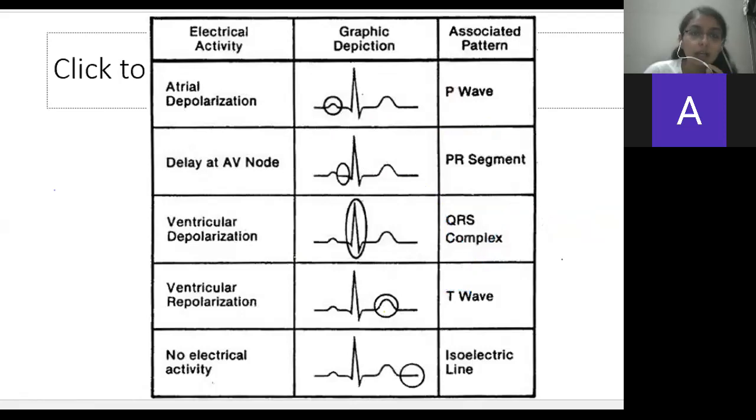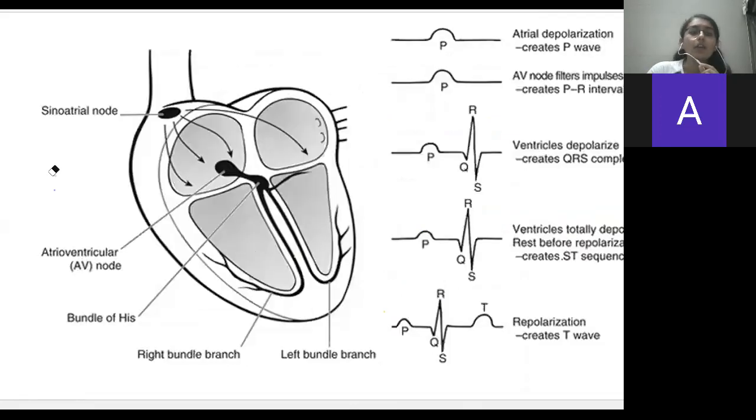Okay. So before this, I want you all to see this. Here is the electrical activity and its correlation to the ECG that we see. In the ECG, we basically have three waves or spikes.